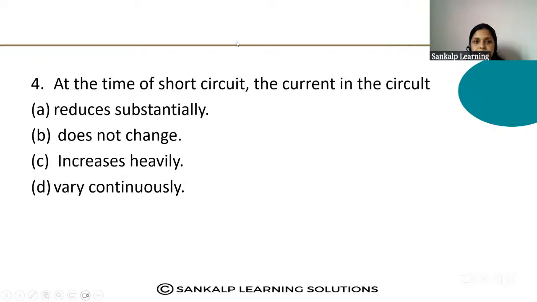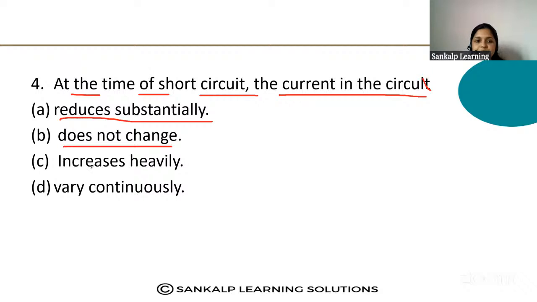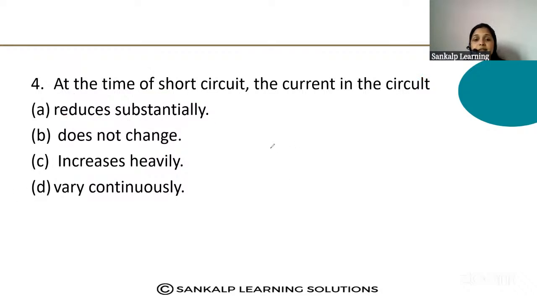Next question. At the time of short circuit, the current in the circuit: option A, reduces substantially; option B, does not change; option C, increases heavily; option D, varies continuously. A short circuit sometimes happens when many appliances are attached to a single socket, or when there is damage in the wire.